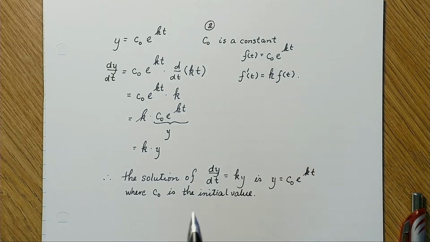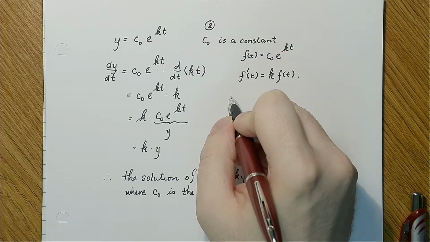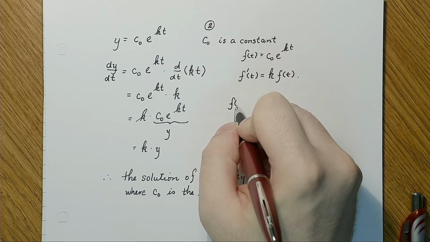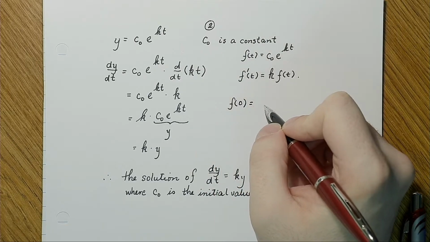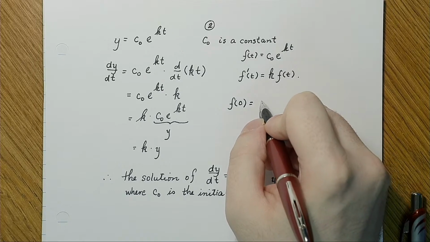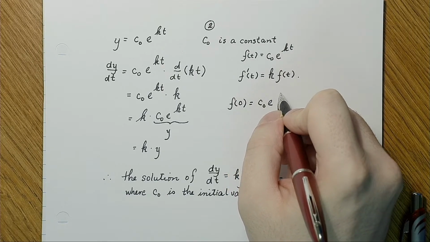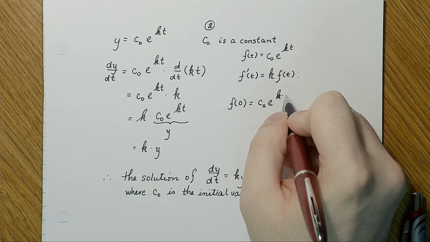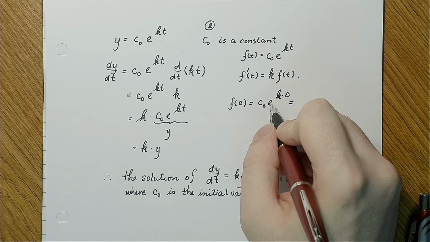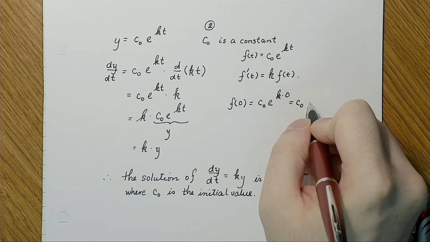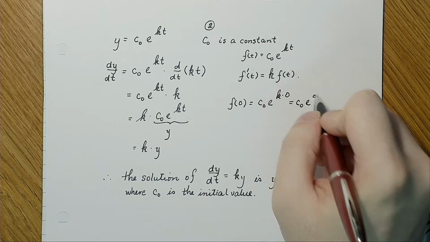I'm saying the initial value because if we go back here, if I put in f at 0, which is starting at time 0, then I would have c naught times e to the k times 0, and this becomes 0.